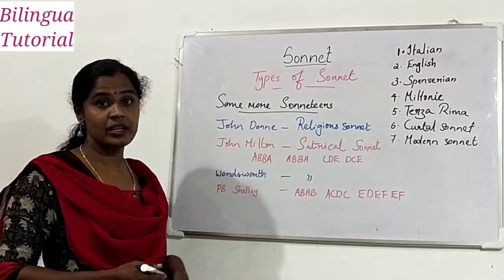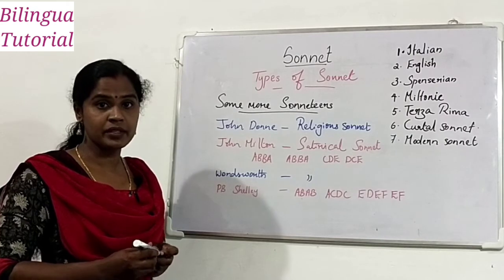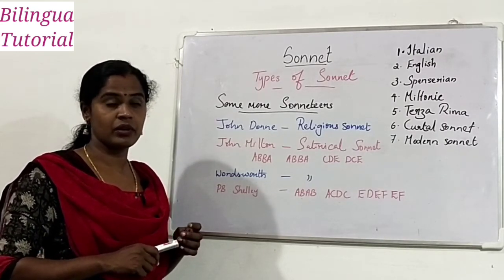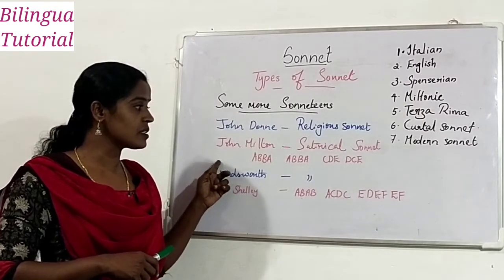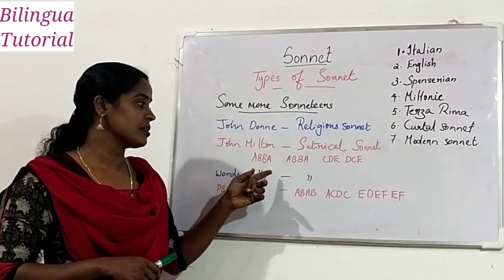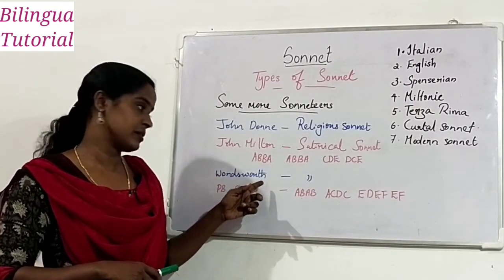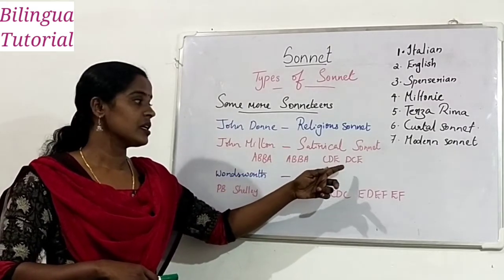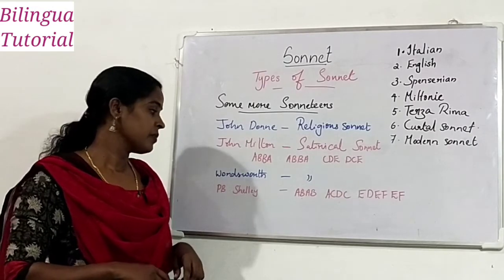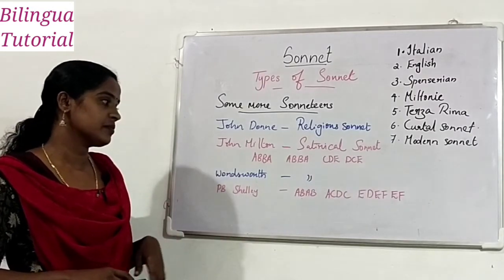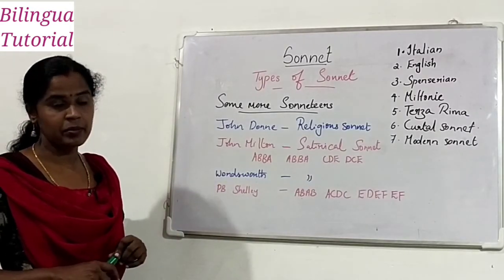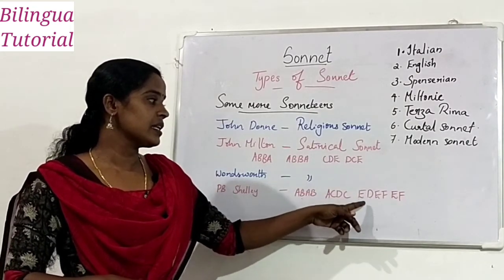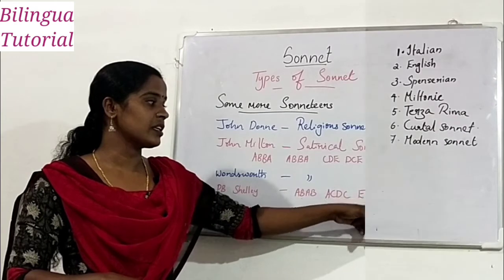Wordsworth was a great admirer of John Milton, so he followed the way Milton had given. That means he followed the pattern of John Milton, ABBA, ABBA, CDE, DCE. Then P.B. Shelley. P.B. Shelley also developed his own. It is ABAB, ACDC, EDEF, EF.